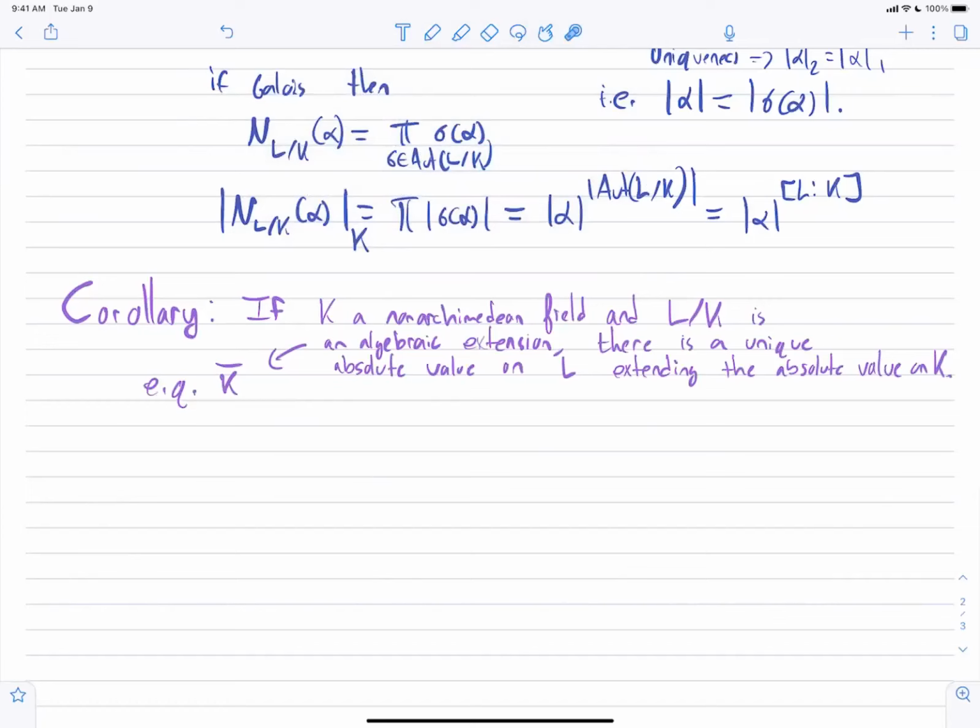You have to be a little bit careful. If the extension is infinite, then this won't typically be complete. It's not true that K bar is going to be complete in general. But it still has an absolute value on it.